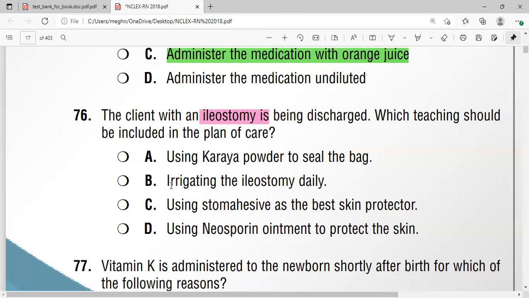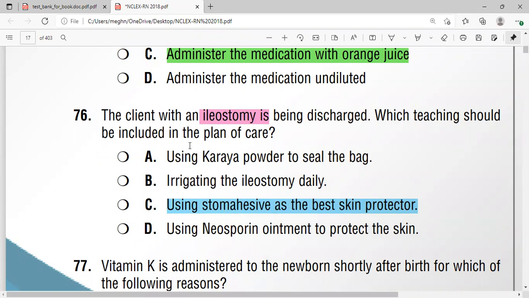The correct answer is number C, using the best skin protector, right? So the best protector for the client with an ileostomy to use is a stoma adhesive, right?